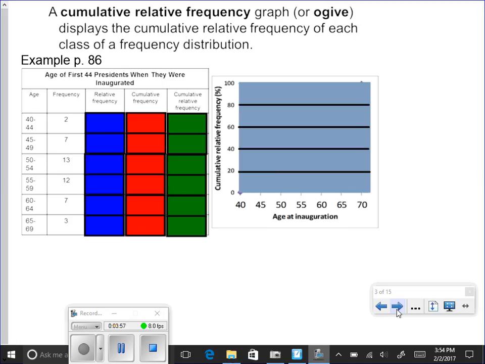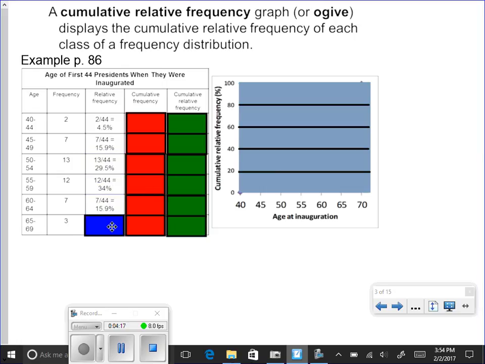So if we were going to find the relative frequency, that's the percentage of presidents in that category. So the first one, there are 2 out of 44, so that's 4.5%. There are 7 out of 44, that's 15.9%. And if we go through and do all of them, we could have the percentage in each category.